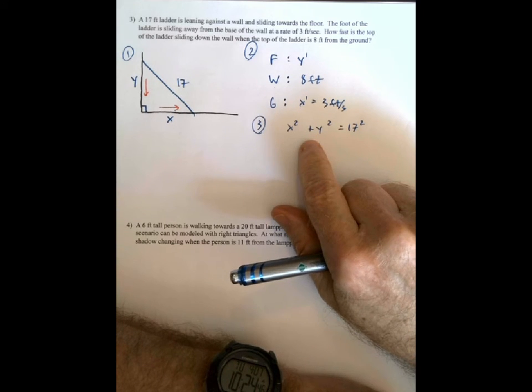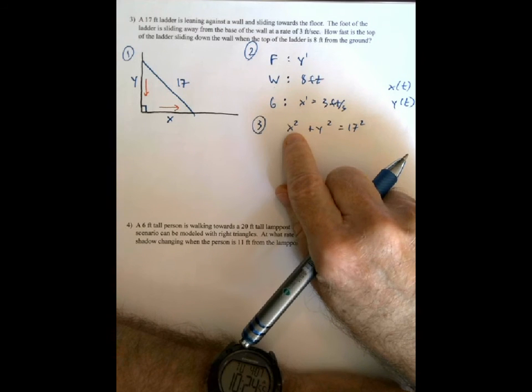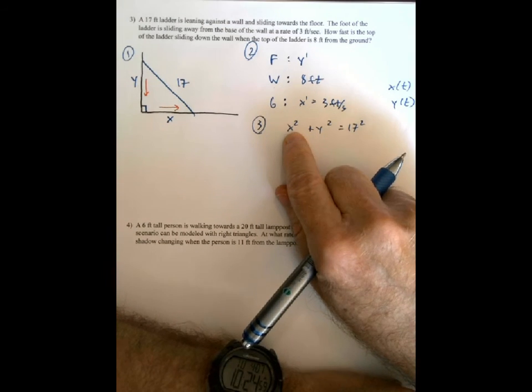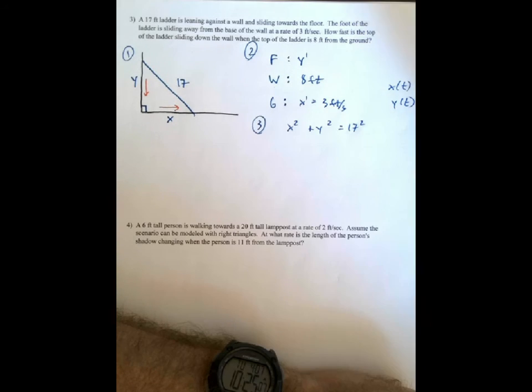Now, in one of our earlier problems, we knew what to do with this, to find the derivative here. Remember, x is a function of t and y is a function of t. So every time we take the derivative of x, it'll generate an x prime, and when we take a derivative of y, it'll generate a y prime.